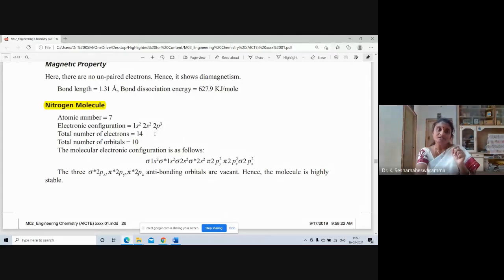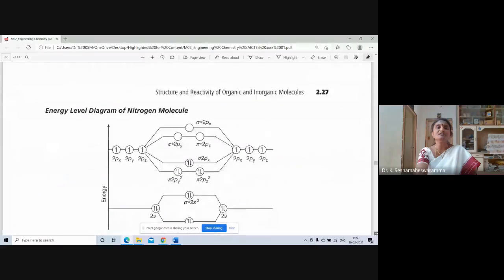From 2 nitrogen atoms, 10 orbitals will come. Hence, the electronic configuration is as follows. First, we will see the molecular energy level diagram of nitrogen.